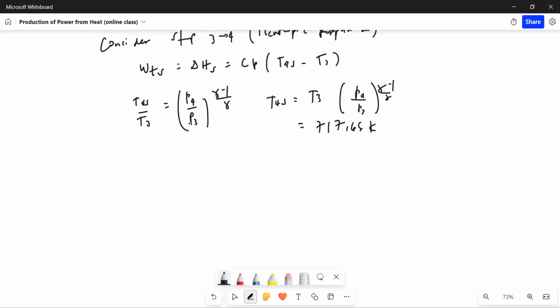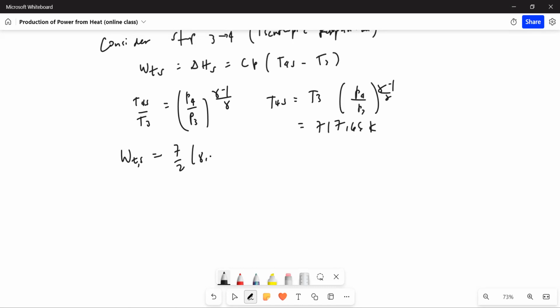Now we circle back to our equation for work isentropic, Cp delta T. So this is work turbine isentropic.